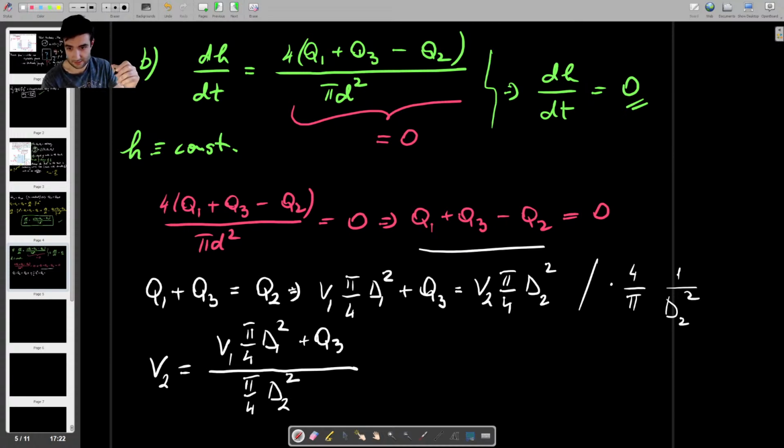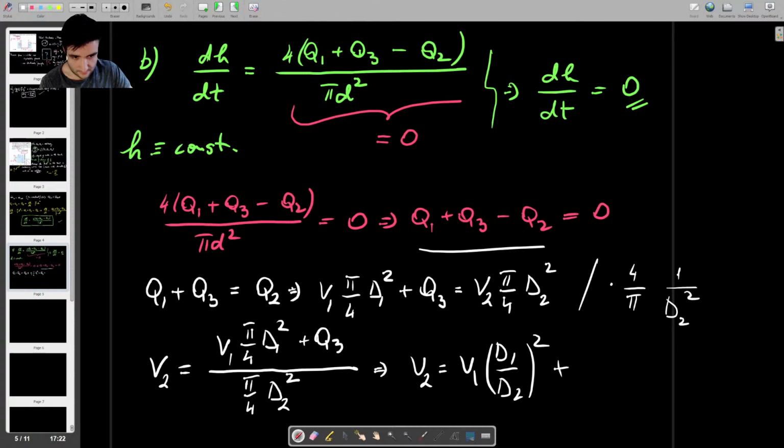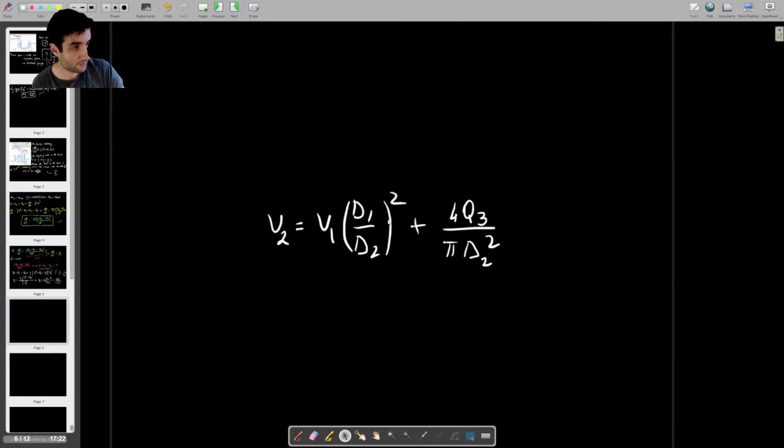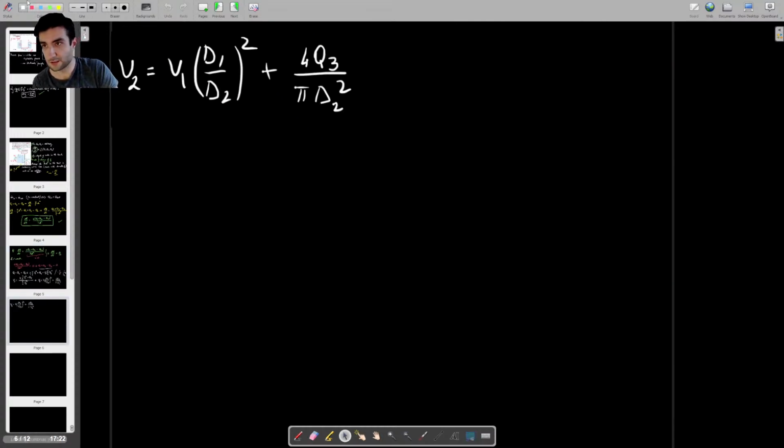Okay, I think that's it. So V2 is equal to V1, and then we can split the fraction. This is going to be D1 over D2 squared, plus 4Q3 divided by pi D2 squared. So this is the final expression for the velocity.